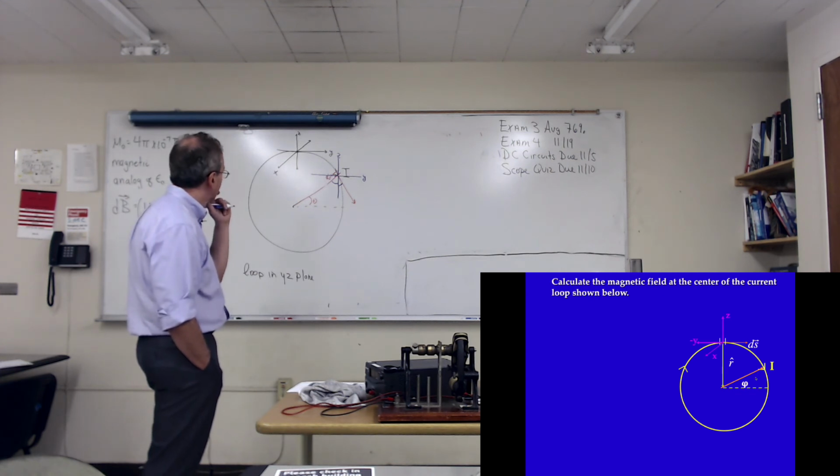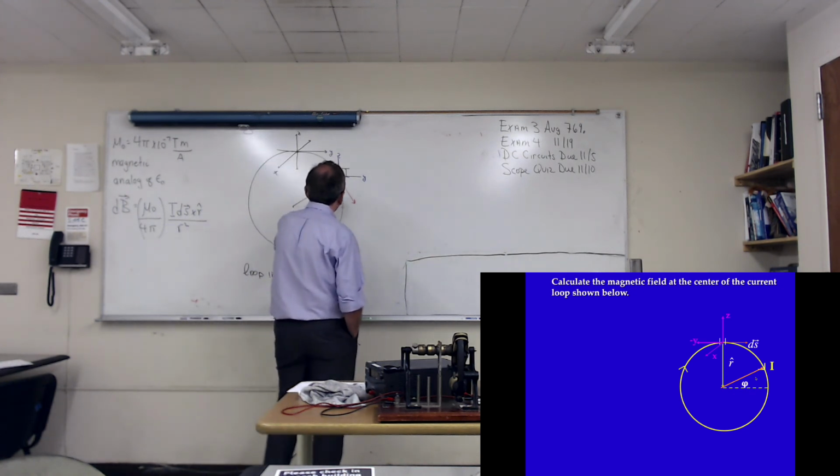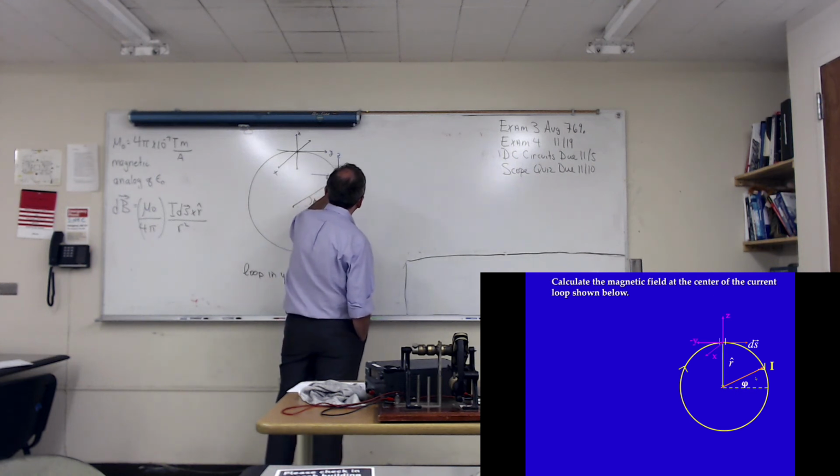And then the other one should be theta then, right? Actually, I'm using phi, so I'm sorry. Well, this is phi, and this is 90 minus phi, right?